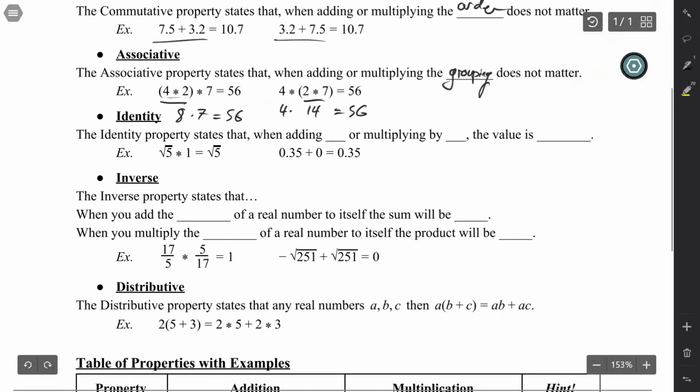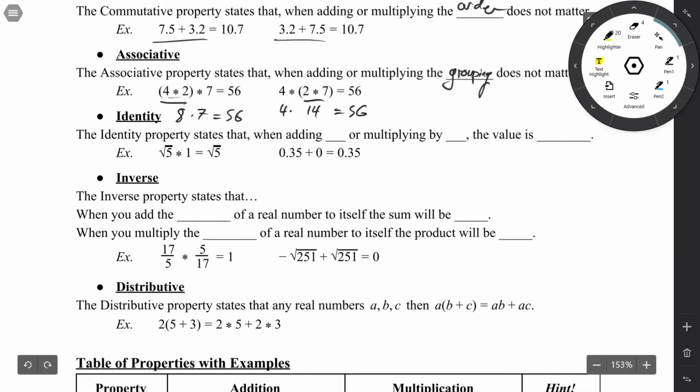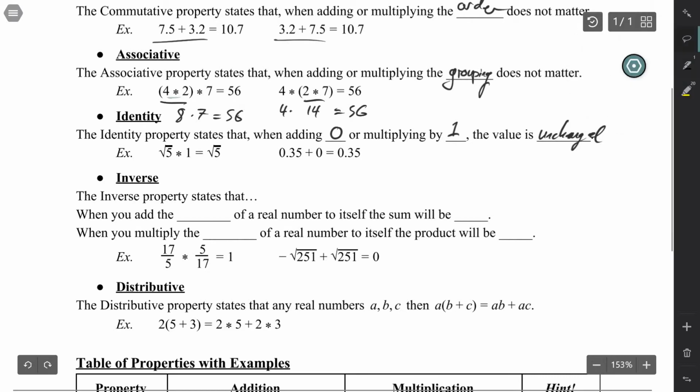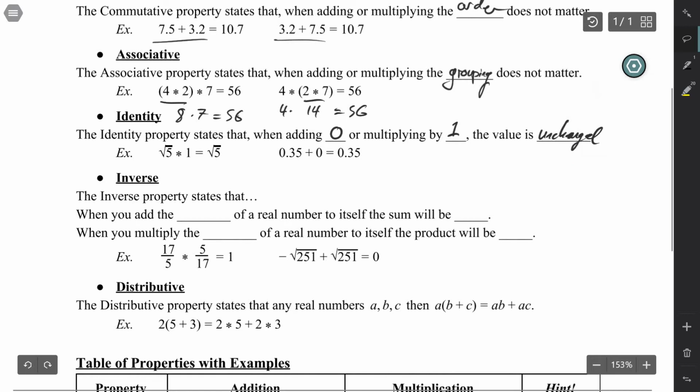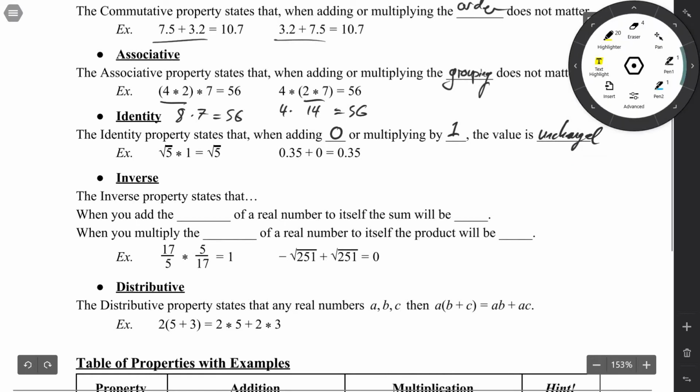Moving right along to the identity property. The identity property states that when adding 0 or multiplying by 1, the value is unchanged. And that might seem kind of silly to specify, but it does have more application in higher level mathematics, and we actually even use it on many of these problems.